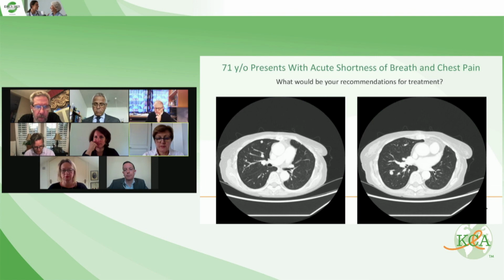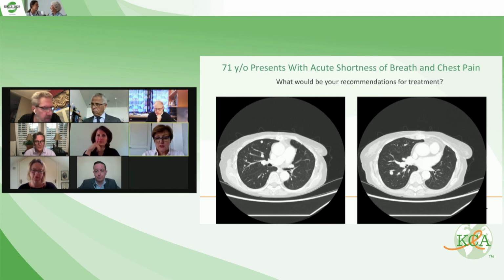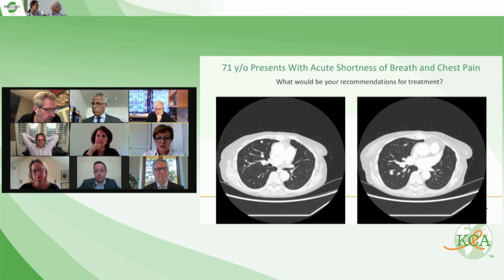So if it's possible, I would propose IO and cabozantinib to that patient. Maybe not very urgently, since maybe she can recover a little bit for shortness and everything, because she has a risk of course, of complication like autoimmune pneumopathy, so it would be difficult. So probably I would wait a couple of weeks or some more time to start the treatments.